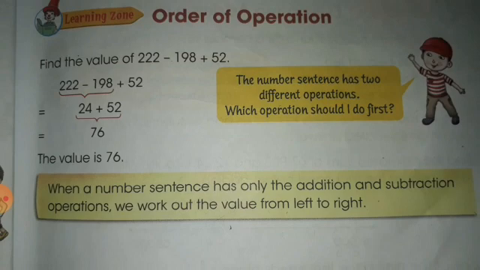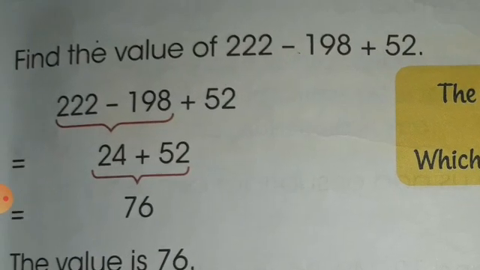When a number sentence has only the addition and subtraction operations, we work out the value from left to right. Now here, as you can see, if we start from the left, the first operation between two numbers is subtraction.